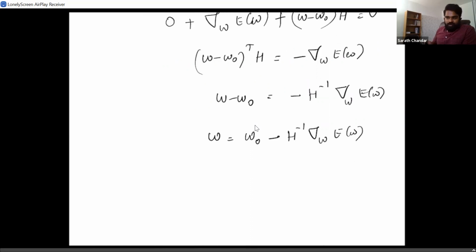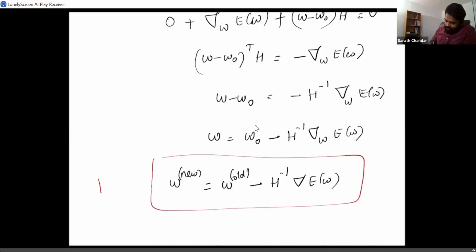The update equation for the Newton-Raphson method is basically W new is equal to W old minus H inverse of the gradient. So this is Newton-Raphson.